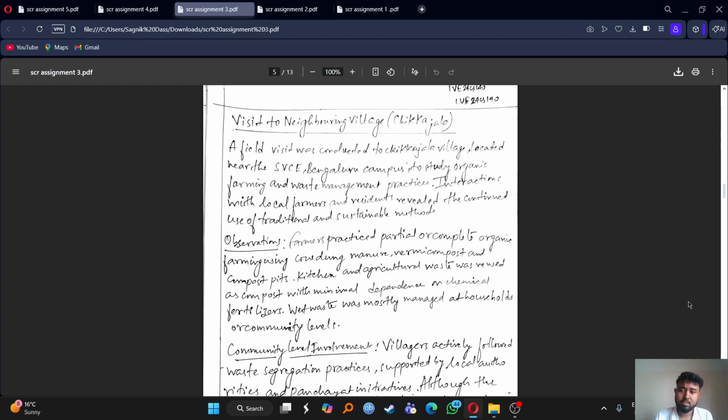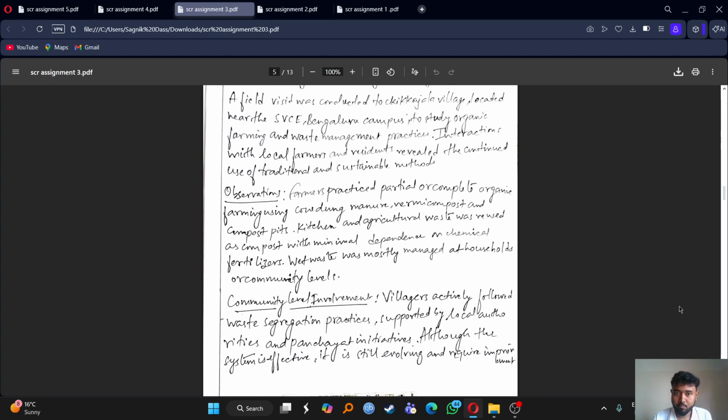Farmers practice partial or incomplete farming, as we saw in our observation. Organic farming had not been practiced thoroughly earlier. It's a mix of normal, traditional farming and organic farming.